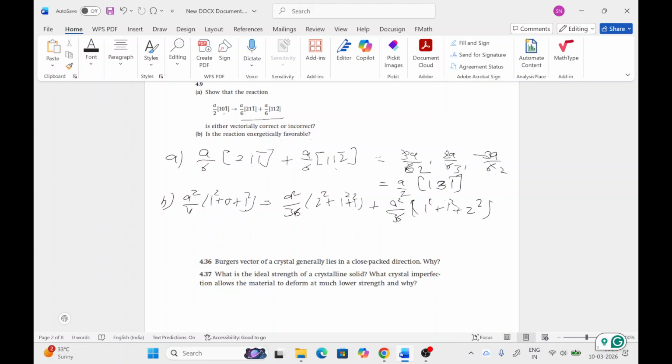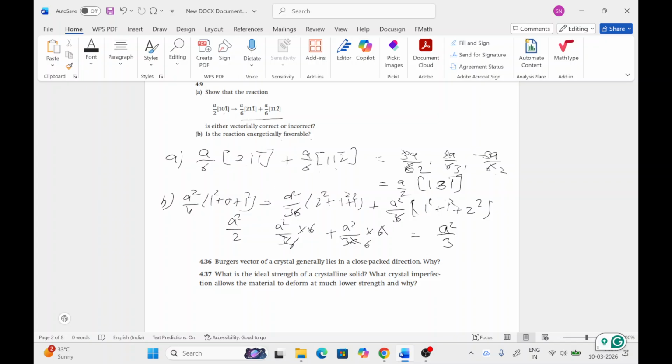So this will be 2a square by 4, which is a square by 2, and here it will be a square by 36 into 6 plus a square by 36 into 6. So that will give a square by 3. So we check if it is energetically favorable or not.